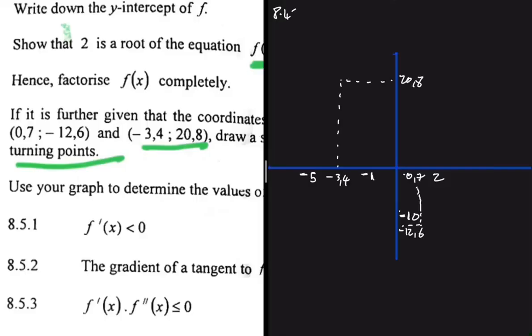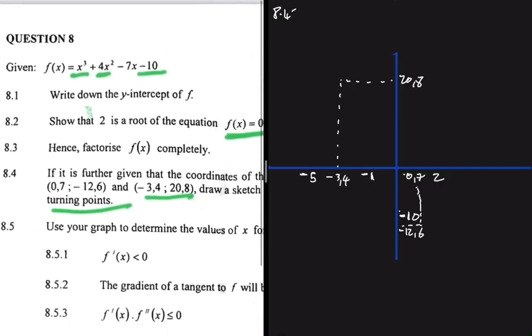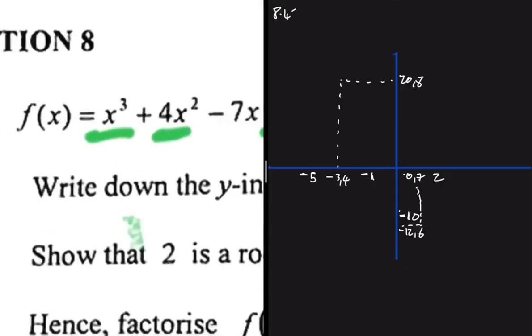So now we need to go ahead and sketch our cubic function. As you can see here, we have x to the power 3, so our graph should start being concave down until it changes concavity and becomes concave up. So let me sketch that so that you can see what I'm talking about. We have one turning point here, and then we need an intercept there, and then another intercept here.